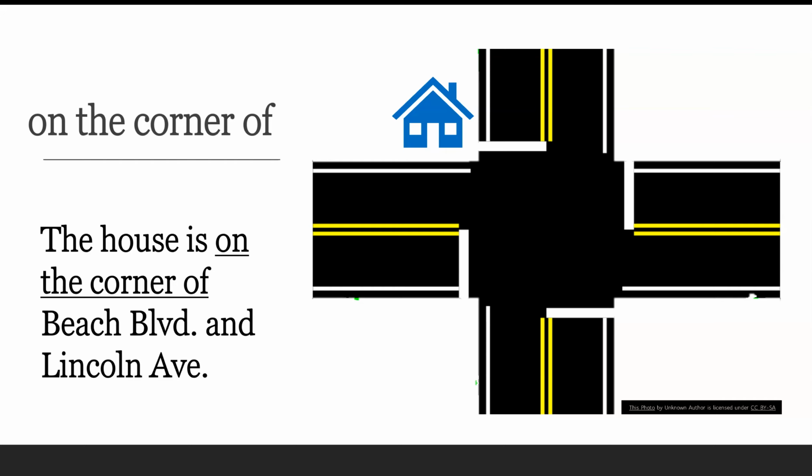So here we have the corner, right? The corner means that intersection, right? And when we're giving directions for walking or driving, usually it's two streets, the name of two streets. So in this example, Beach Boulevard and Lincoln Avenue, we can say, oh yeah, it's on the corner of these two streets.